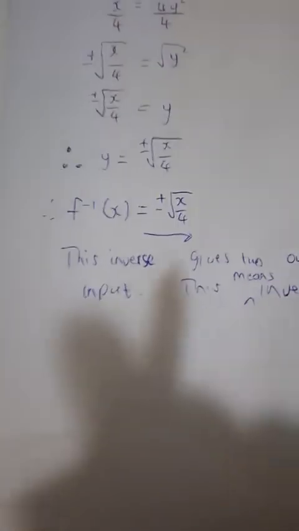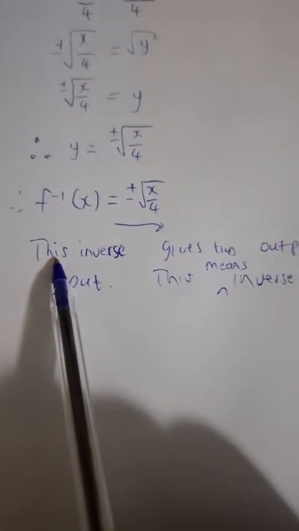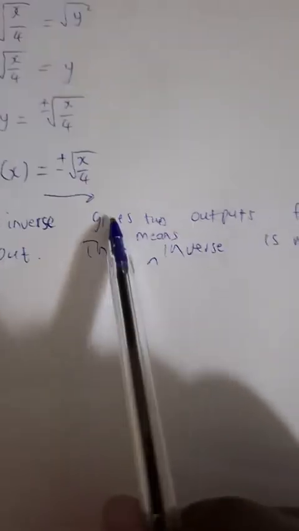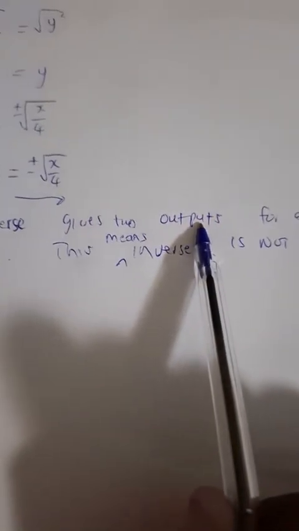Basically something we are going to note here is that this inverse gives us two outputs, okay, for each what?